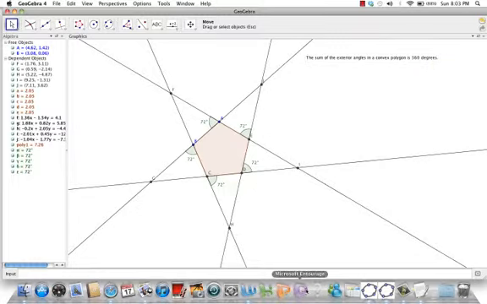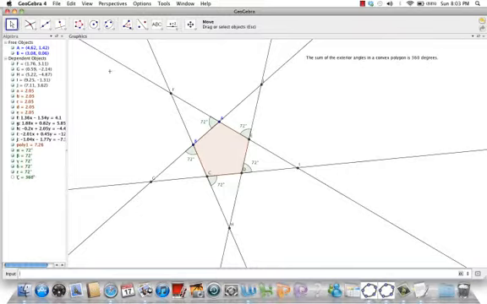It's equal to 360 degrees. So let's verify that. We have alpha plus beta plus angle C, which is gamma, plus angle D, and then plus epsilon, which is our E. And then we press equal. So notice that here, the sum of these 5 exterior angles is equal to 360 degrees.